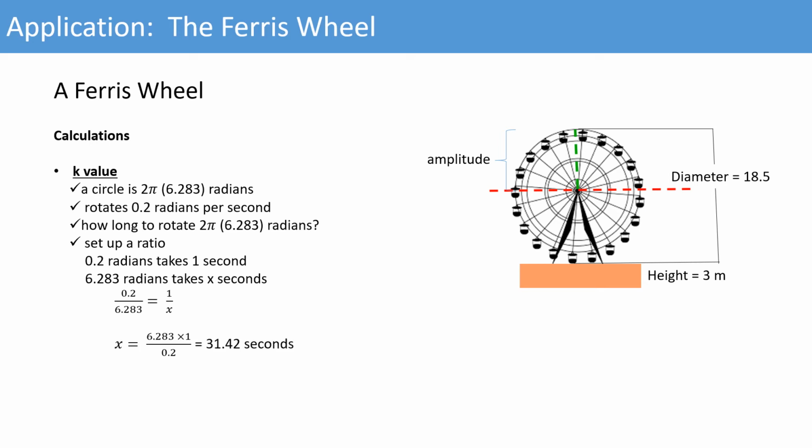Now we cross multiply, so x will equal 6.283 times 1 divided by 0.2, which is 31.42 seconds. So K is equal to 2 pi divided by 31.42, which is equal to 0.2.